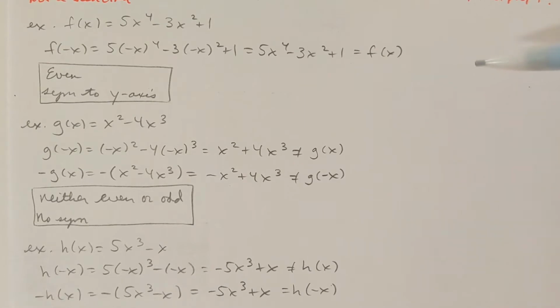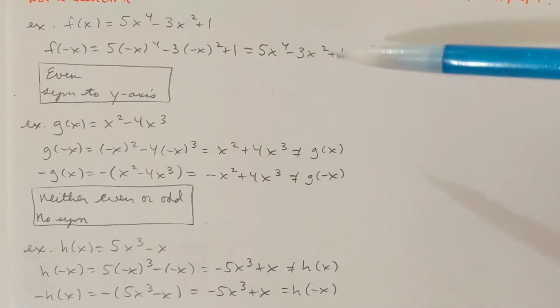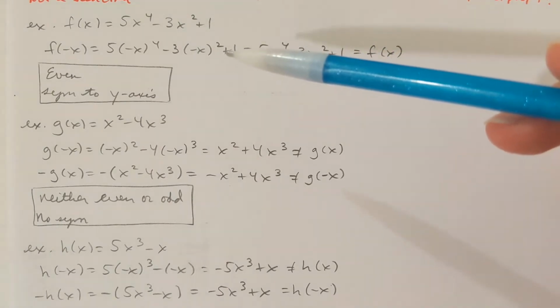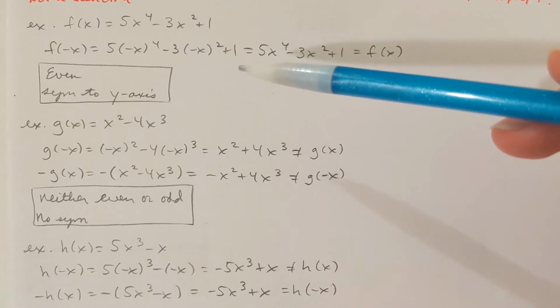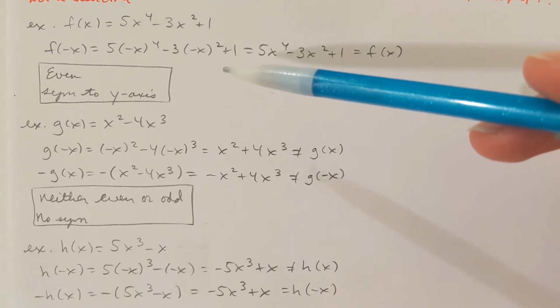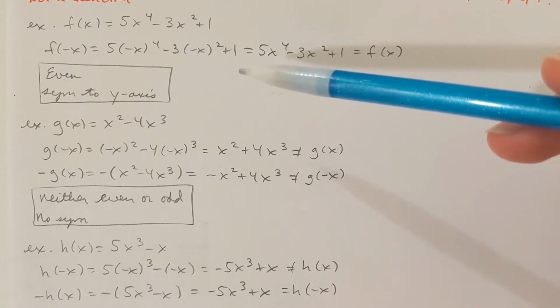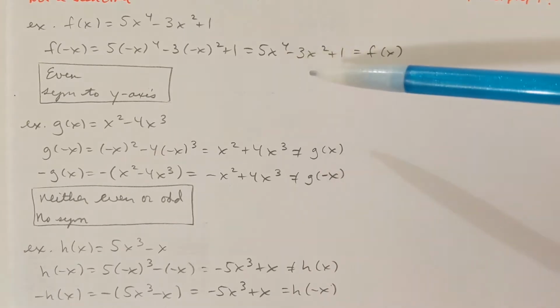For example, suppose that f of x is equal to 5x to the fourth minus 3x squared plus 1. F of negative x equals 5 times negative x to the fourth minus 3 times negative x squared plus 1. Now negative x to the fourth and negative x squared are the same as x to the fourth and x squared.